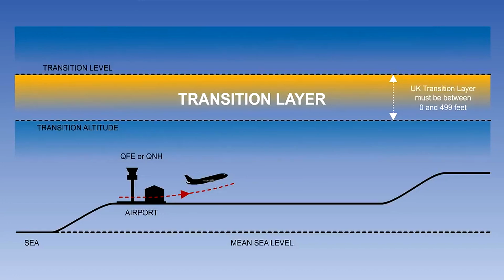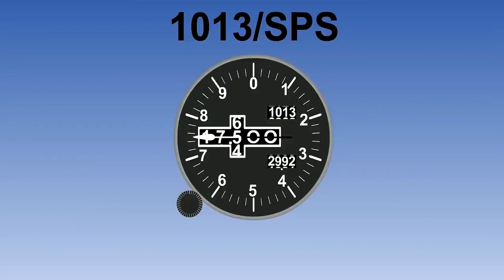Because of this, it has to be calculated by air traffic control, who will have the latest surface pressure, and the transition level is passed to the pilot shortly before the descent. In fact, they even tell you that it comes from ATC on the published document in this example.